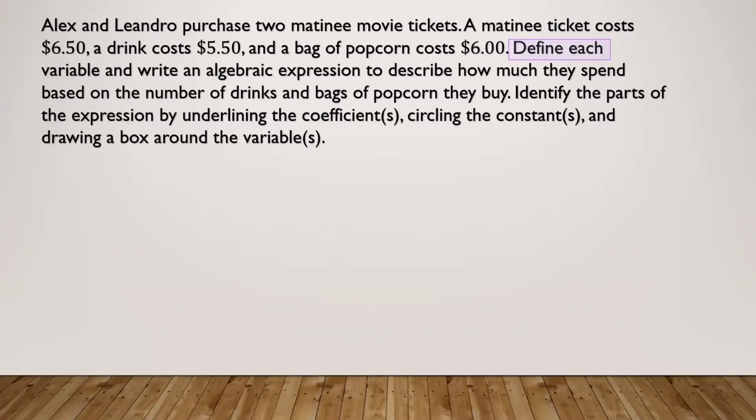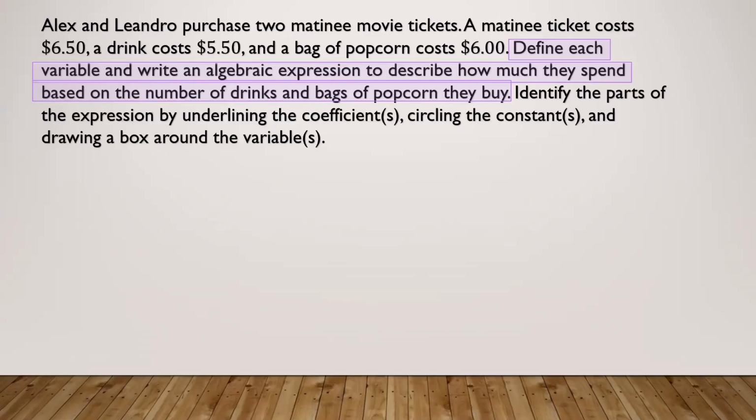So let's go back. First, it says define each variable and write an algebraic expression to describe how much they spend. Okay, so let's focus right there. I'm defining a variable, right? Well, what do I know? Okay, we're defining it based off what they buy as far as drinks and as far as popcorn.